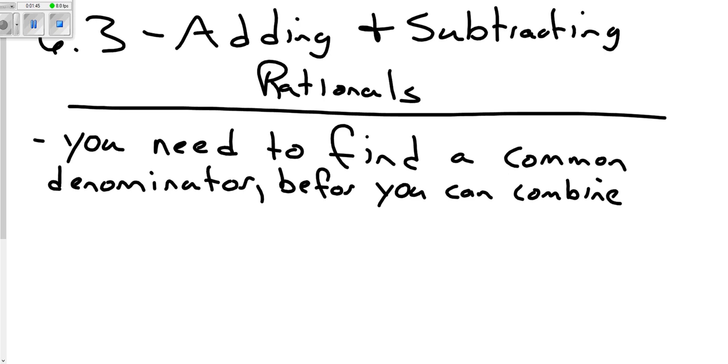So when I say common denominator, we all know that means the bottoms have to look the same. A little more complicated now with algebra, but it's not too bad.